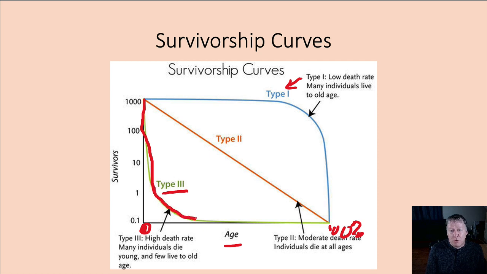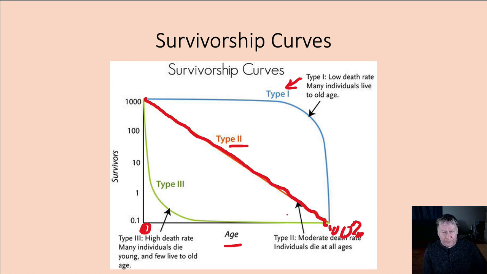But a few individuals make it, and those ones might live a very, very long time, full adulthood. And then, of course, we have type 2, which are somewhere in between. Type 2 curve, there's kind of this steady rate of a few individuals dying at all different age categories, and some of them live until old age.